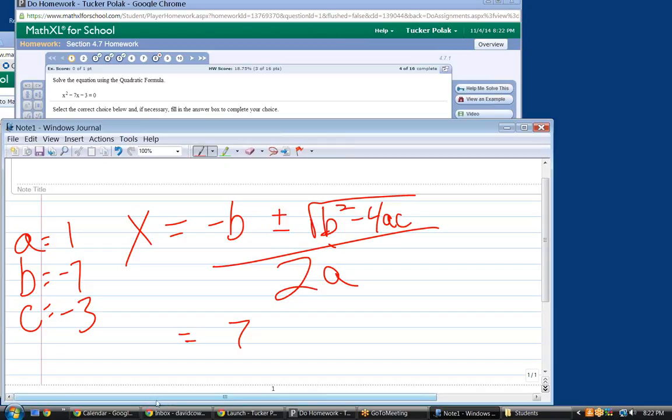See why it's positive? It's a minus b, and b is -7. So two negatives sitting next to one another mean positive. Okay, so it's +7 plus or minus the square root of, what goes in here?